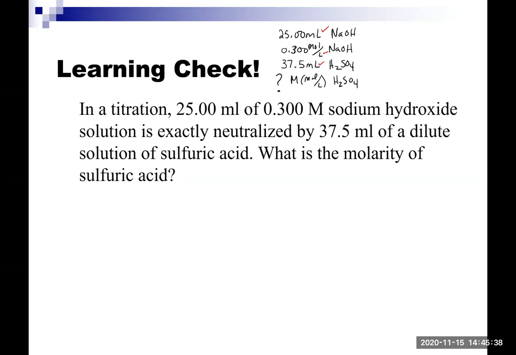Now we do know, since we have volume and molarity, if we convert those mL of sodium hydroxide to liters, we can multiply that by the molarity of sodium hydroxide and get the moles of sodium hydroxide. But we have to go from sodium hydroxide to sulfuric acid. That is component A to component B. And the only way we can do that is with stoichiometric coefficients. So we need the balanced reaction equation here.